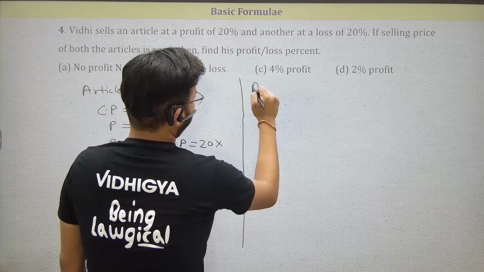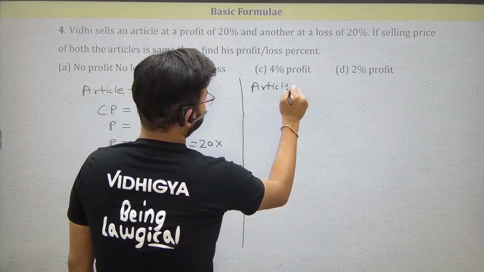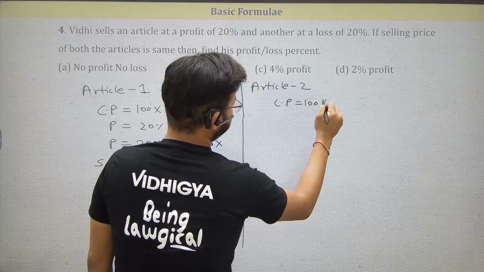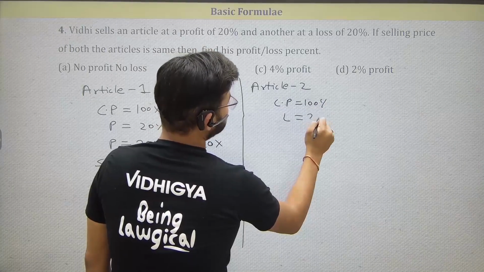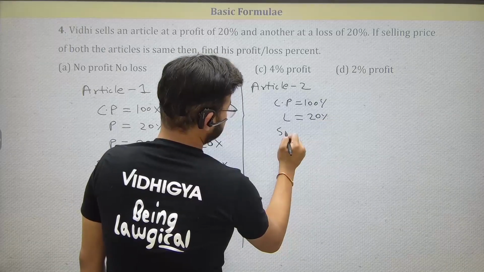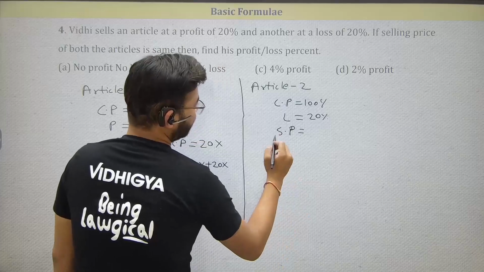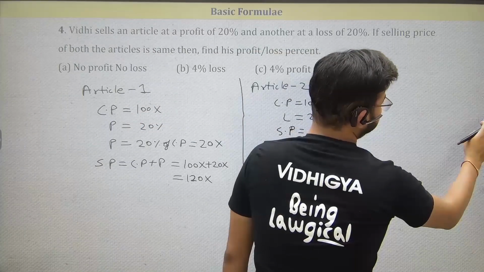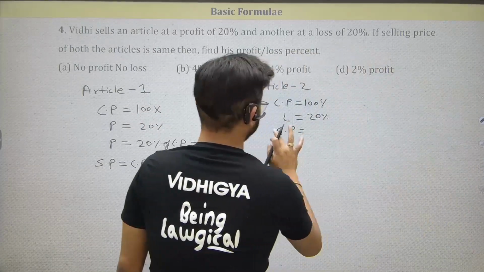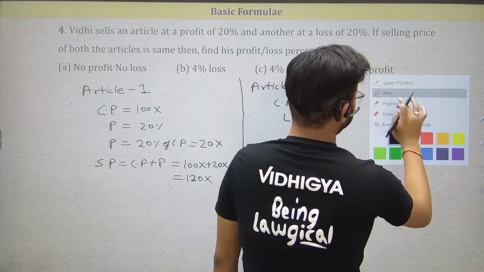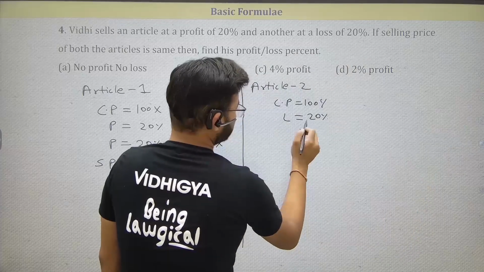Next, for article 2, let's say the cost price is 100y. We know that loss is 20%. Hence the selling price will be, or rather we can just calculate the loss first. So loss is 20%.